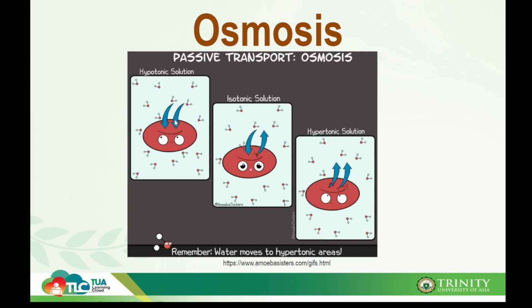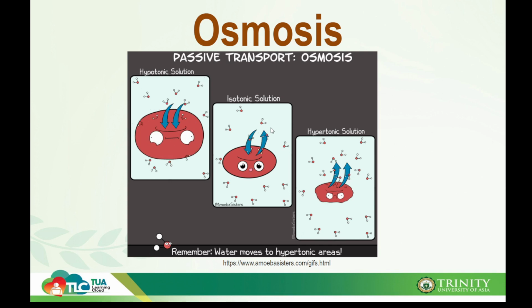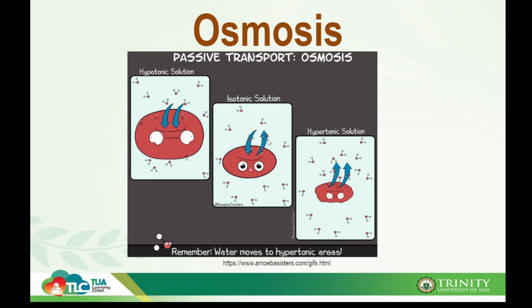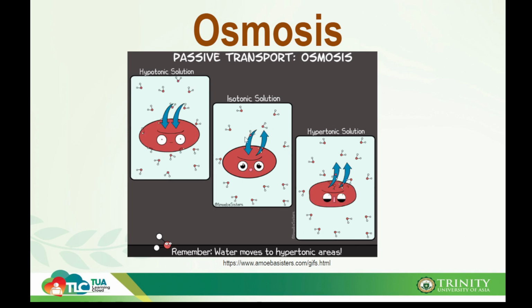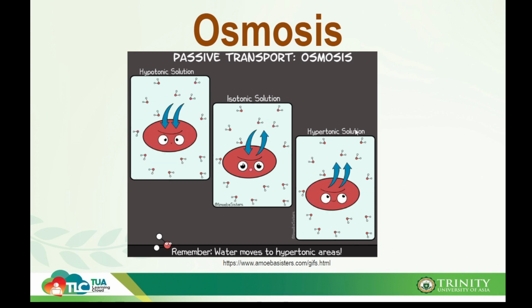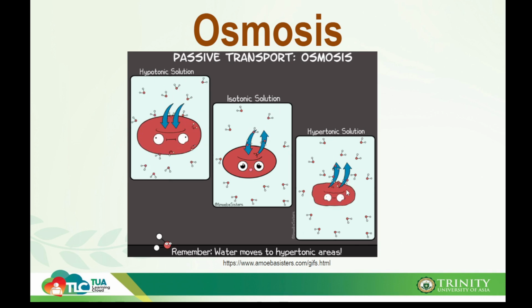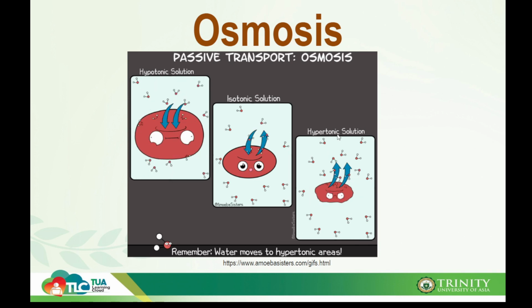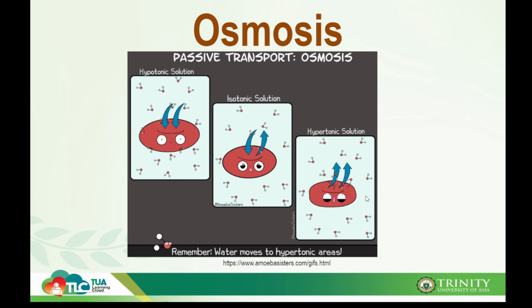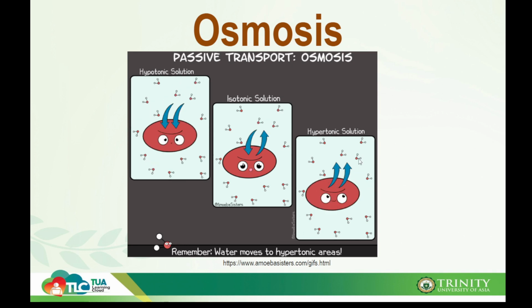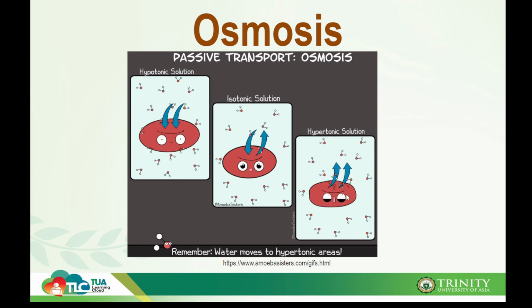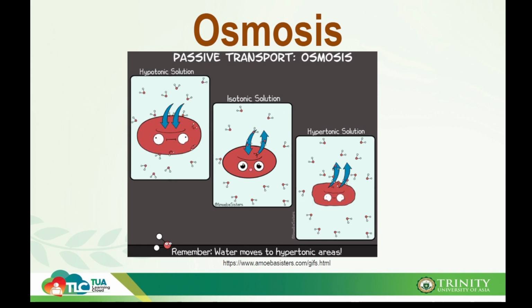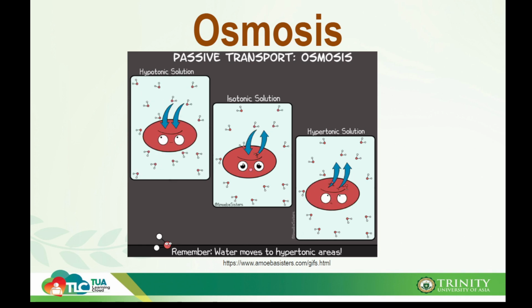In isotonic solution, there are equal amounts of water outside and inside the cell. Thus, there will be an equal movement only. In hypertonic solution, there is more water inside the cell because there is high concentration of solutes outside. So water will leave the cell until it becomes dehydrated and shrinks, and that is what we call crenation. Okay?